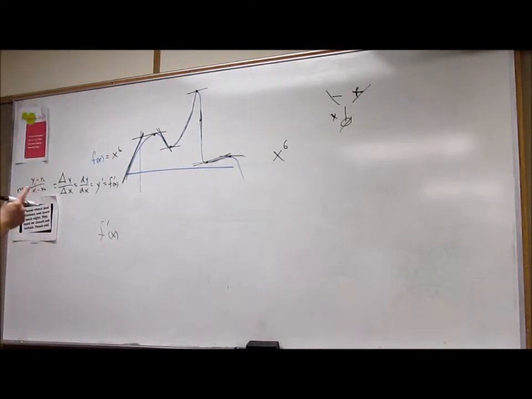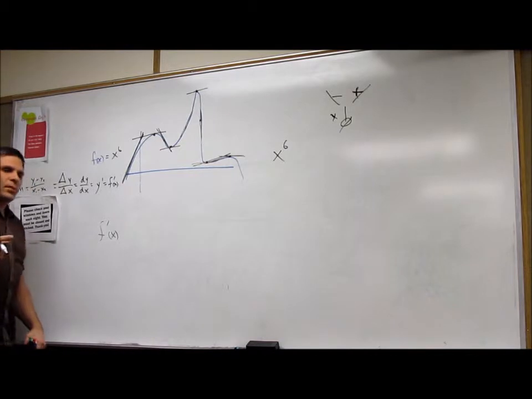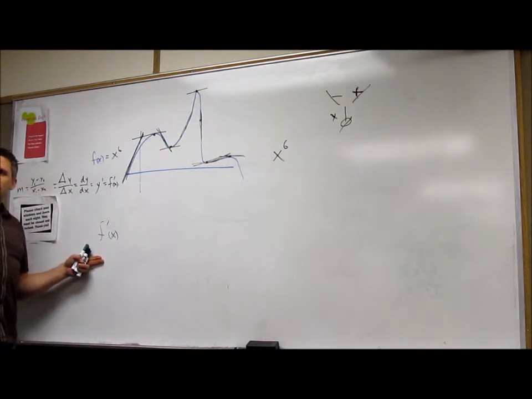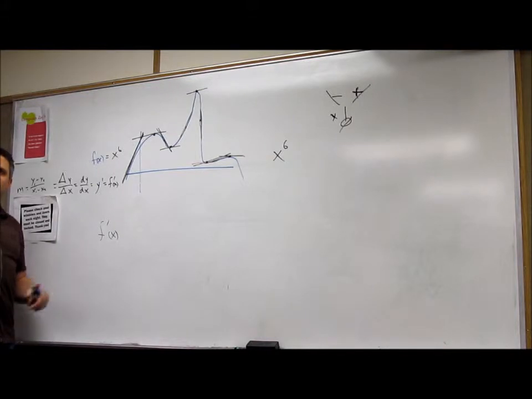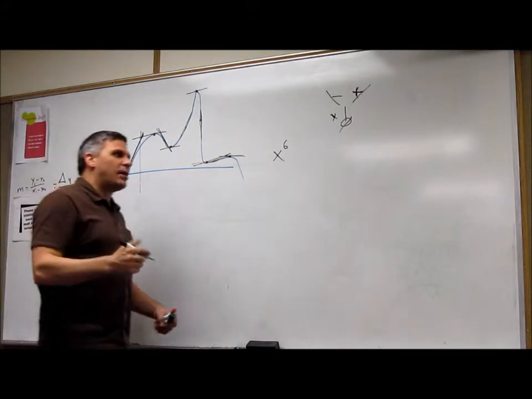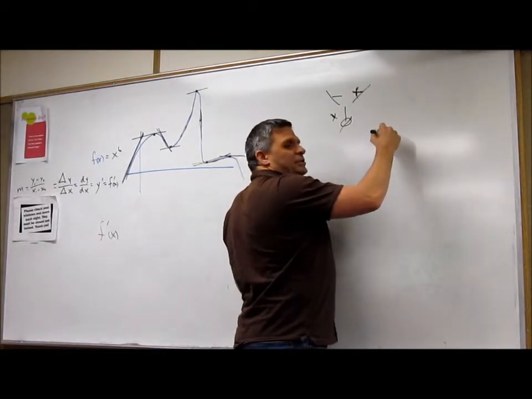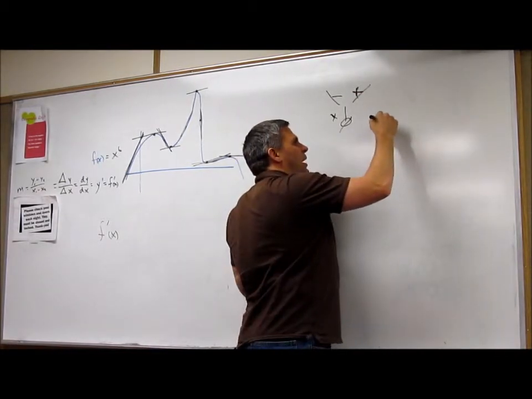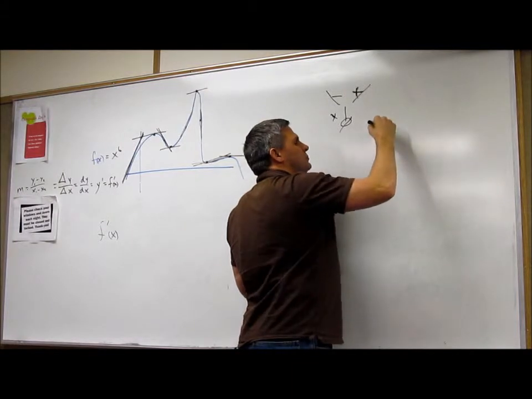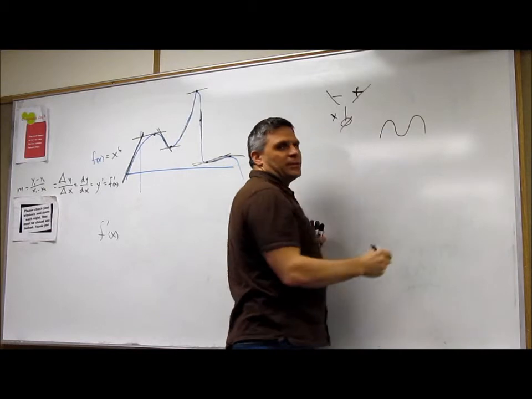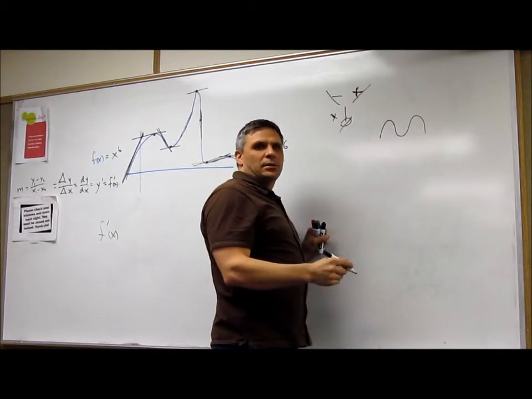Now, in our derivative, what happens? And we talked about this last week. We talked about how in derivatives, if it started out with a 1, 2, 3, 4, something like that, right?